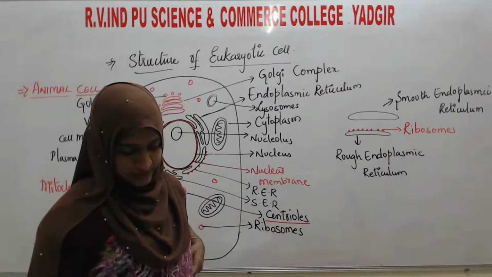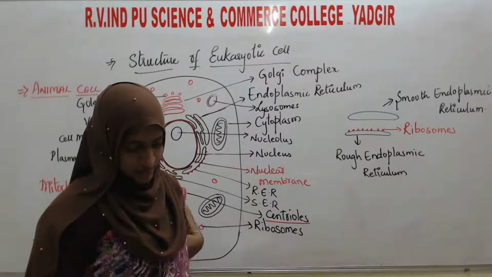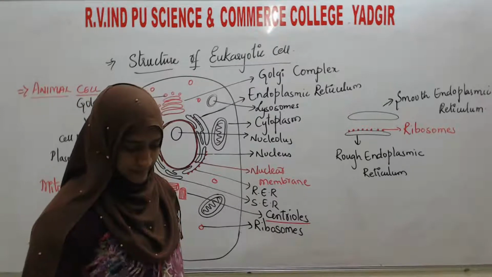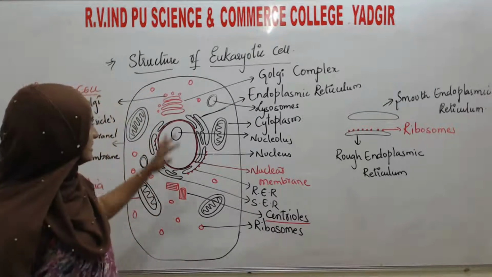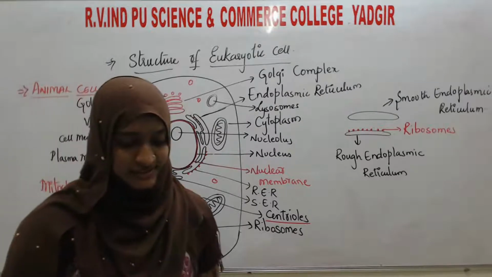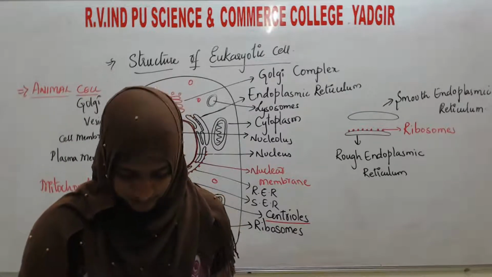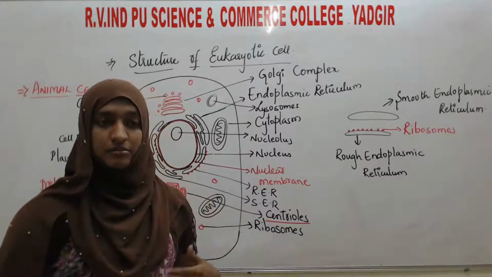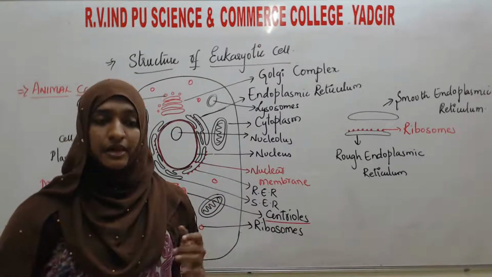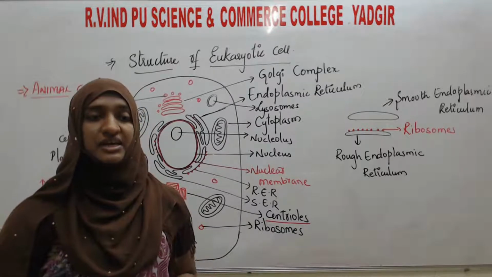And except these, there will be presence of, so all these things are about the animal cell. And some micro bodies will also be there in the animal cell. They also perform various functions in the animal cell.